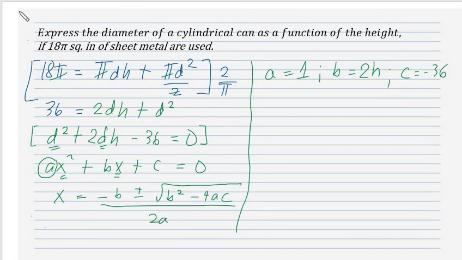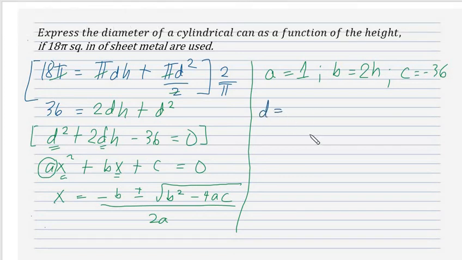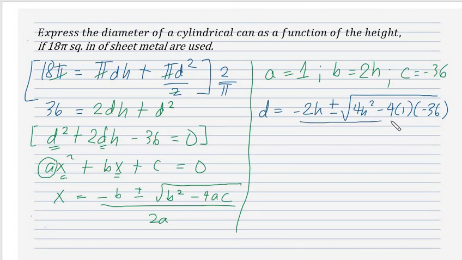So let's go ahead and apply those values to d. d equals negative b, so negative 2h, plus or minus the square root of b squared, so this will be 4h squared minus 4 times 1 times negative 36, all over 2a, so all over 2.